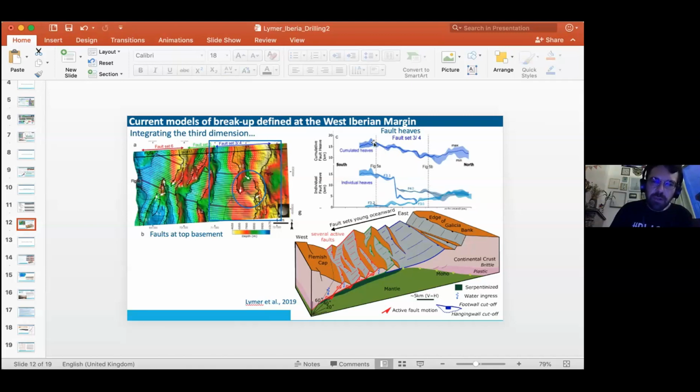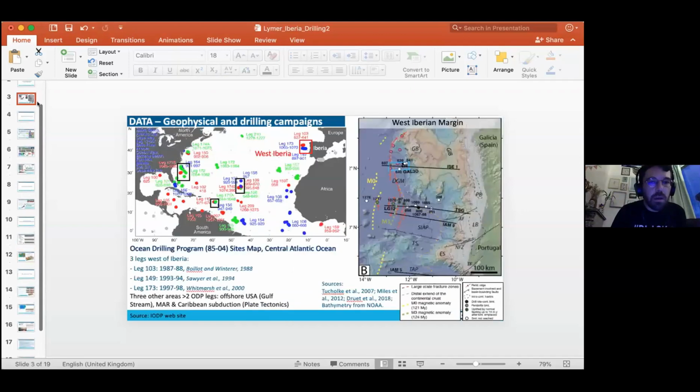Although something we see from the cumulative heaves, if you remember, I said it was remaining steady, and indeed it doesn't show such a huge drop in fault activity, but you can see that it slightly decreases toward the north, and the overall cumulative heaves from the whole fault sets here do show the same. And we related that to the fact that propagation toward the north indeed generated more extension to the south than to the north.